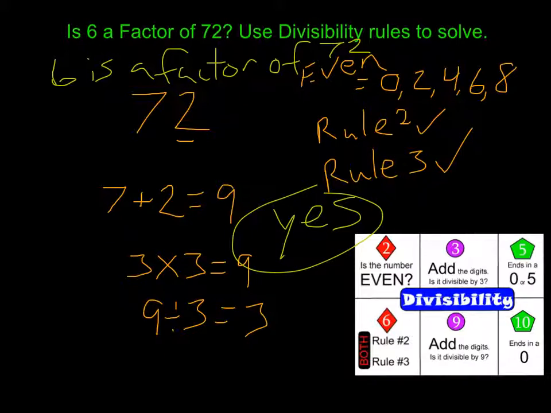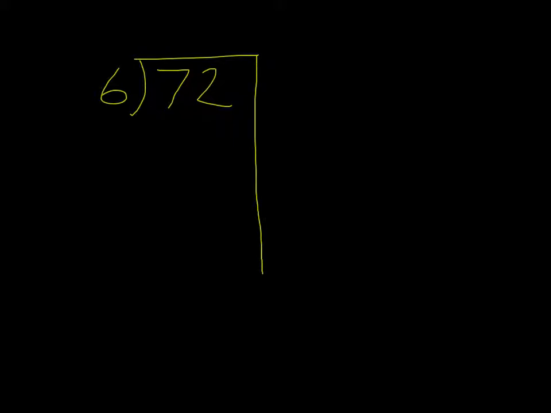Now let's go ahead and double check that. Let's take our 72 and divide it by 6. I'm going to use partial quotients because I like partial quotients the most. So I'm going to draw my line down the side here. I'm going to think, well, 6 times 10 is 60.